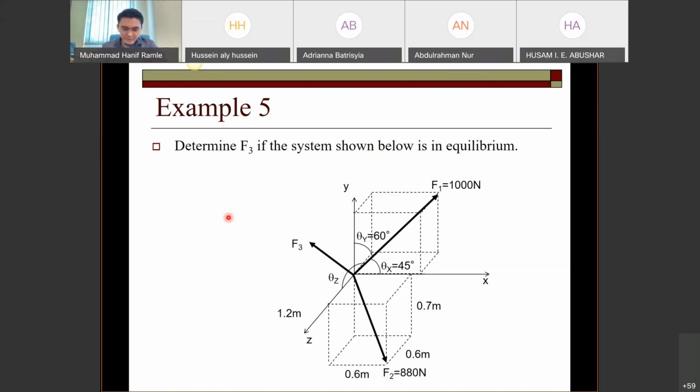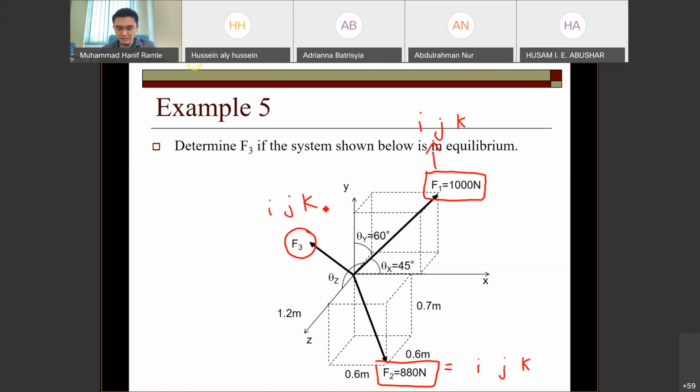Okay, all right. So yes, this is the thing that you have to do. You have to transform these two forces into IJK form. You have to transform it into IJK form. This one as well, IJK form. And this one also in terms of IJK form.